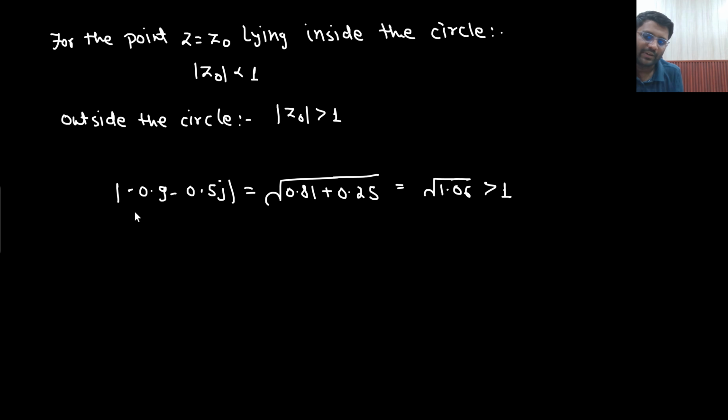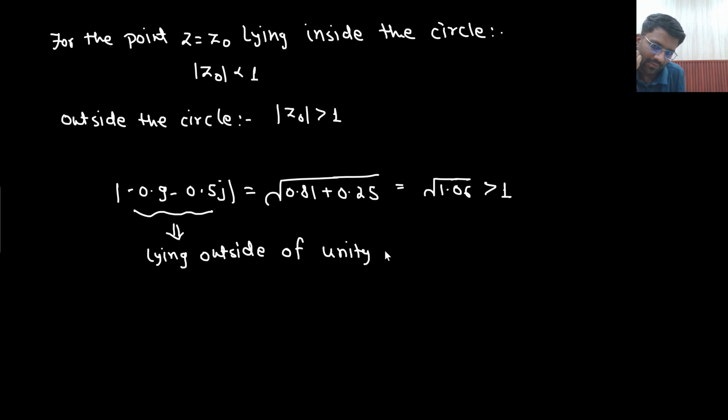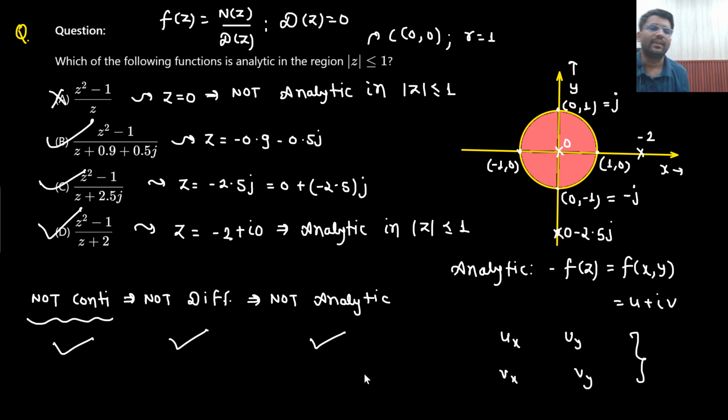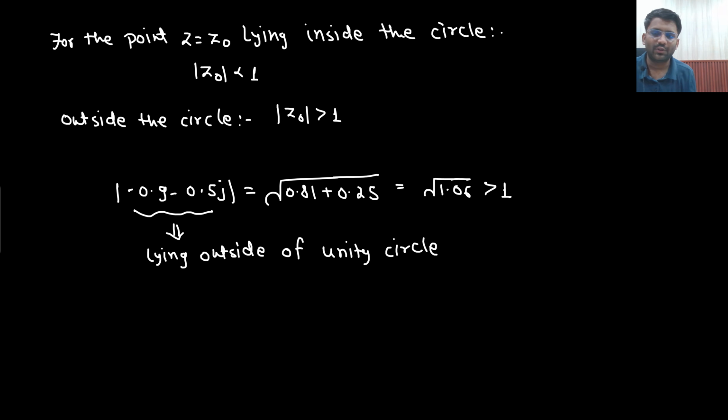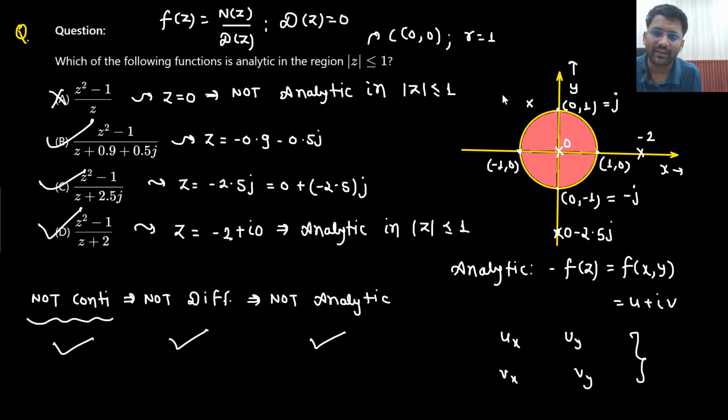That means this particular point is lying outside of the unity circle. That means, sir, here as well it will be analytic, because minus 0.9 minus 0.5j would be somewhere here.